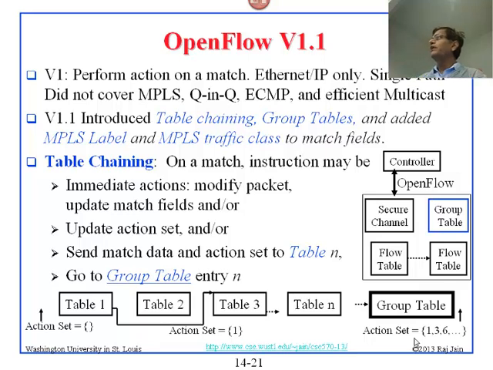Previously, I don't think in 1.1 they defined it. I think it is more clear in the next few slides. So there are several options. One is that you go to table number 2, and if nothing matches, you go to table number 3, until you find a match. Or you send it to the controller and say, look, nothing is matching. What do I do with this packet?